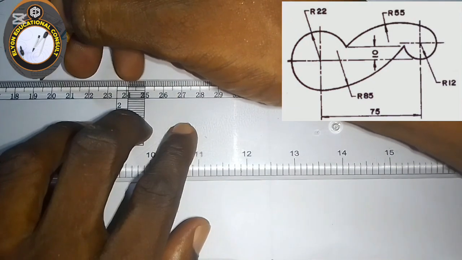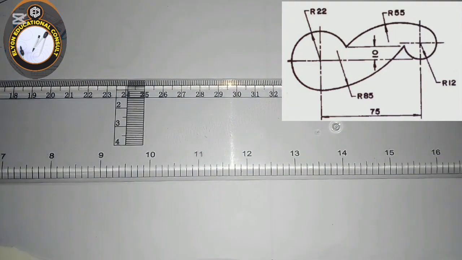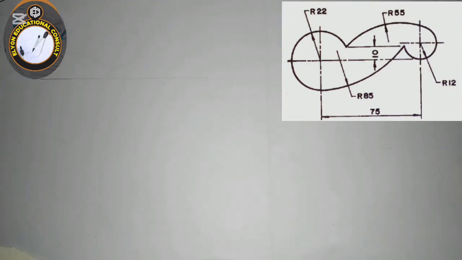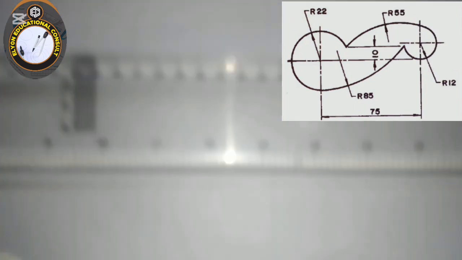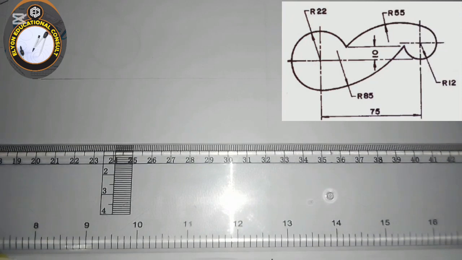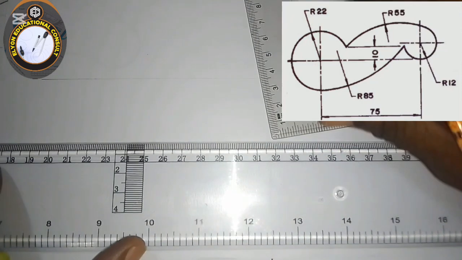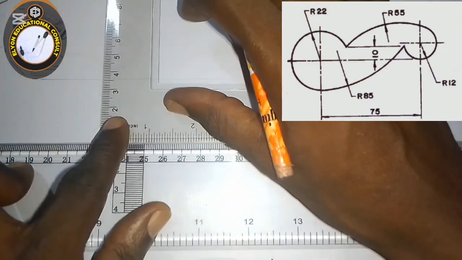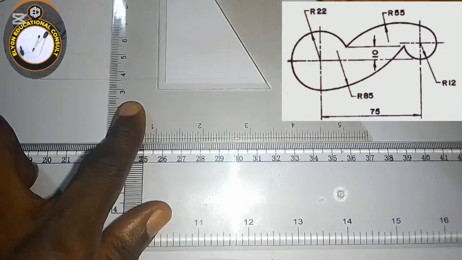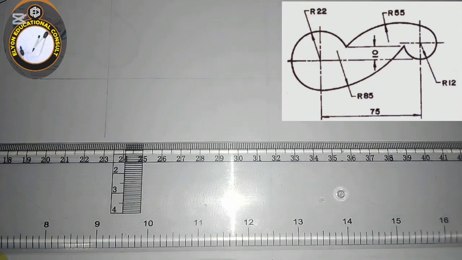So this one we are going to draw. I'm going to pick a point on the line which I will use for this first circle on my left, and the circle radius is 22.